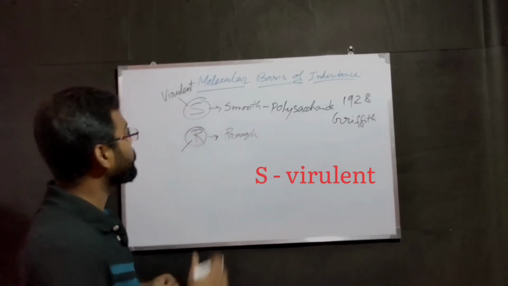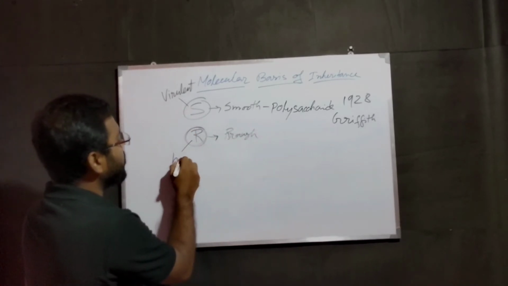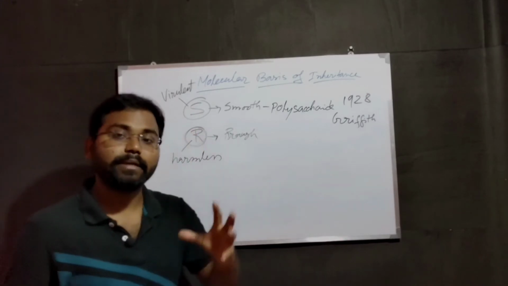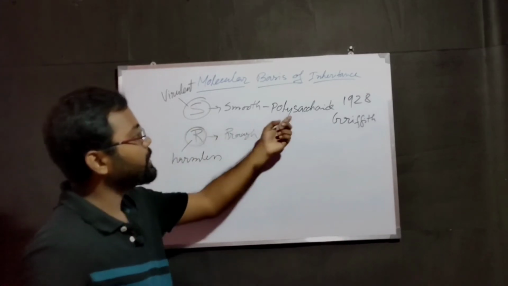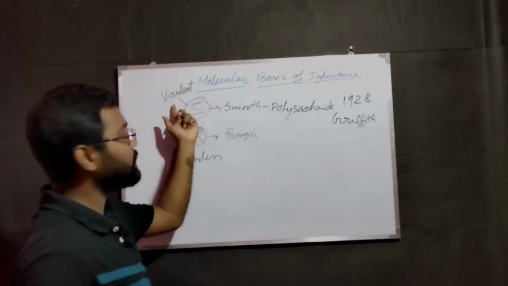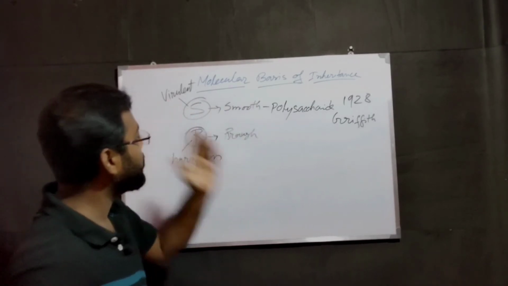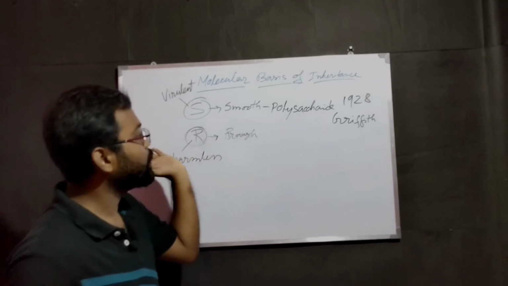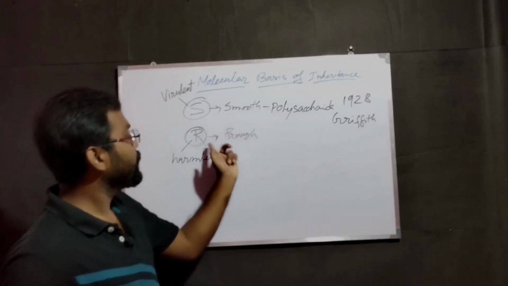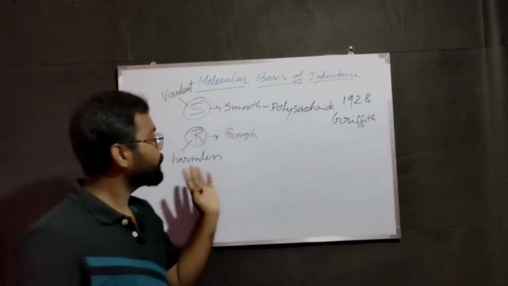It is harmful, but R is harmless. That means the bacteria that have a polysaccharide coat are virulent and can produce pneumonia, but those that don't have the polysaccharide coat cannot produce pneumonia.